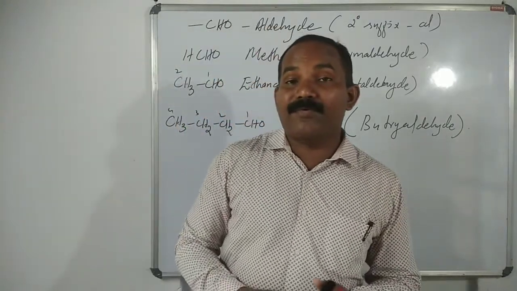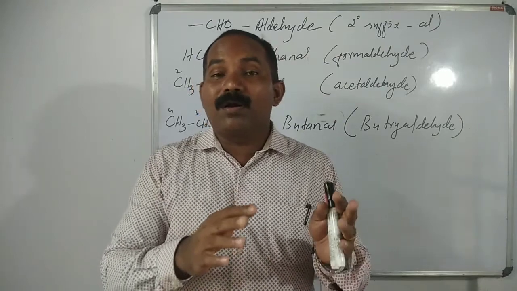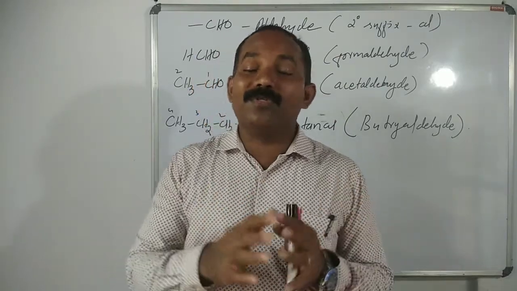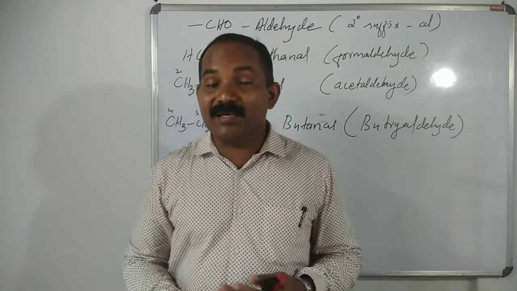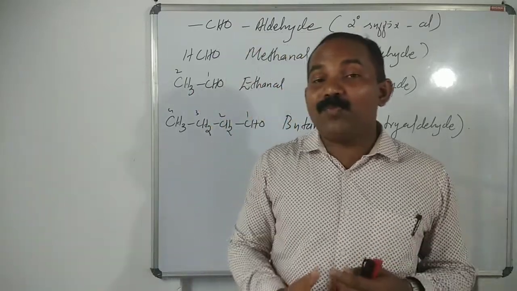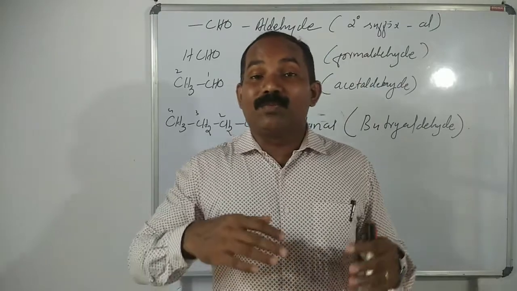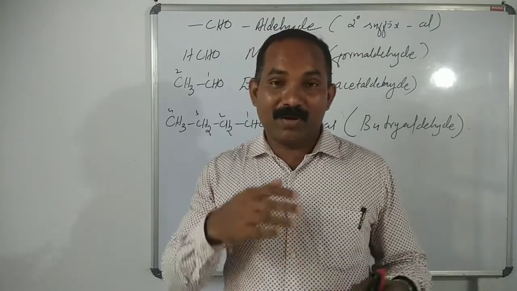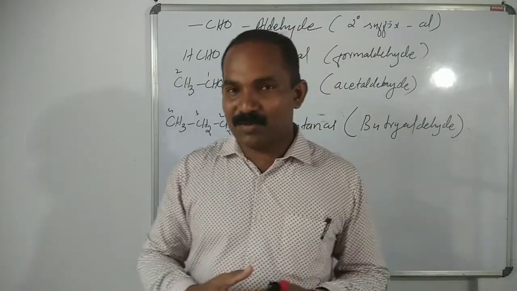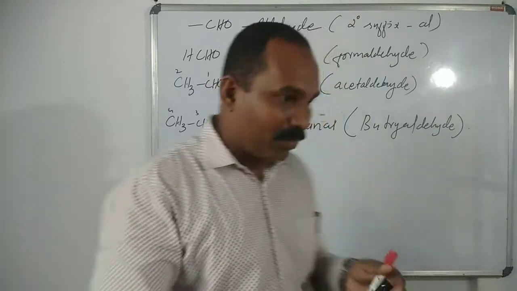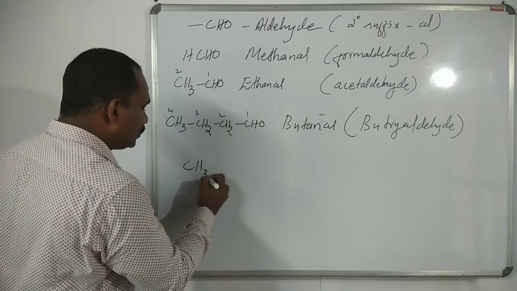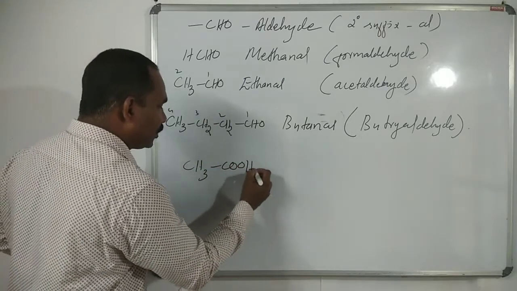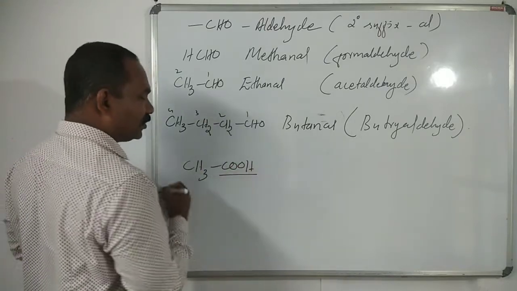So this is the naming of some compounds having a functional group. In the next section we will discuss compounds having polyfunctional groups, or more than one functional group. One more example we can use is the COOH group, carboxylic acid group.